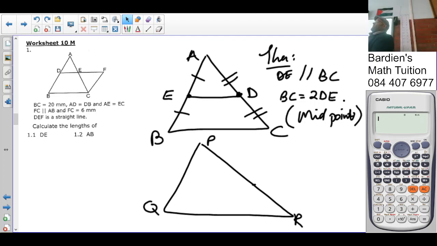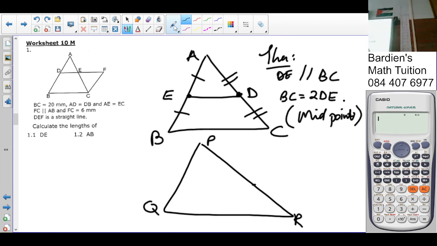So the second diagram I want you guys to draw quickly. We've got the triangle PQR. I could have used ABC again, but I don't want to use the same letters, otherwise you get confused. So what I do is I take the midpoint of PQ, or I could have taken the midpoint of RP, the same thing.